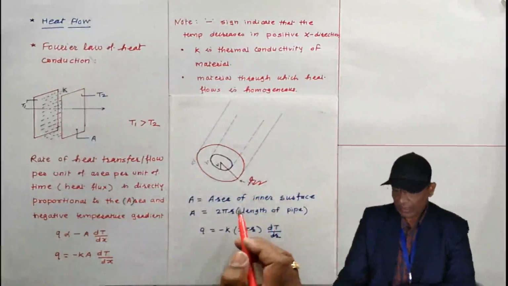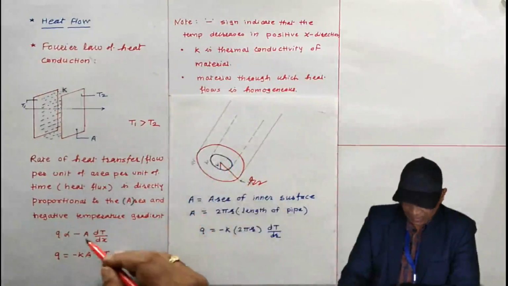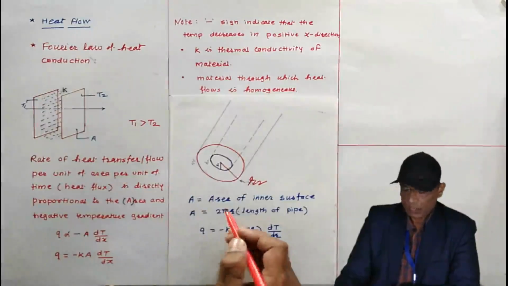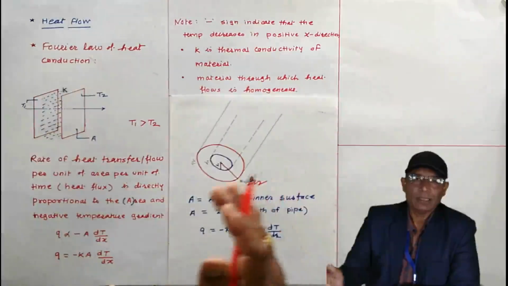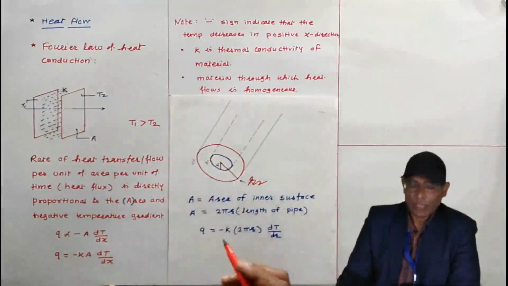The area of the surface is denoted by A, and the area is 2 pi x. You may take this as x or r, because heat flows radially. Therefore, I am going to consider the radial distance as r, though you may take x also.